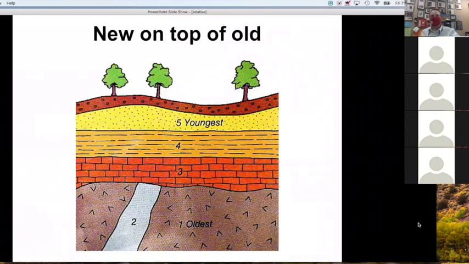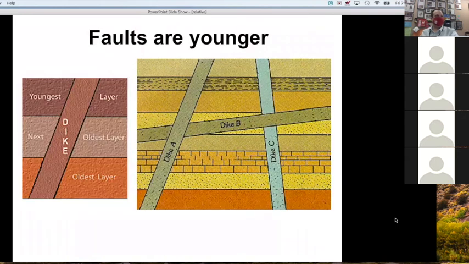Well, as I just said, we can look at these and say if it's on the top, it is new. So number 5 is young. And then number 4, 3, 2, 1. The one on the bottom is the old one. That's the first rule you got to know. Whatever's on the bottom is oldest.